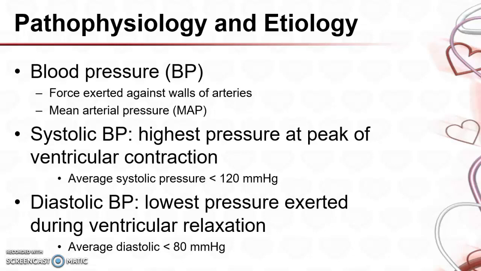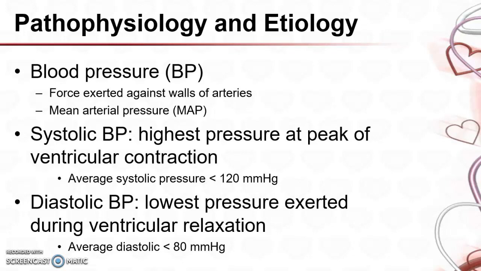So what does this number mean to you? A MAP of at least 60 millimeters of mercury or greater ensures that there is enough blood flow to those vital organs to keep them perfused. Again, the heart, the brain, and the kidneys. And doctors usually will consider anything between 70 to 100 millimeters of mercury to be a normal mean arterial pressure.